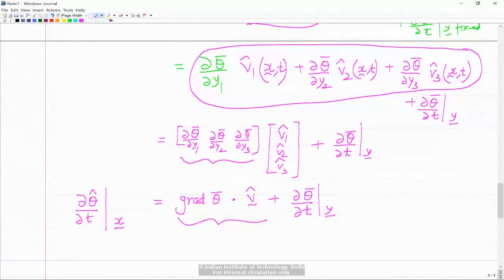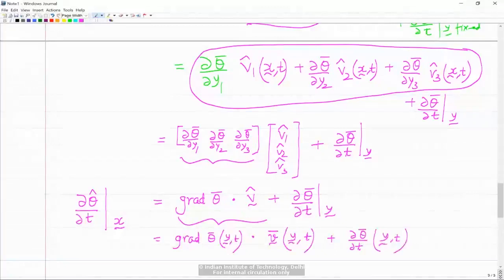And this v hat, you can also replace this with v bar, right? So this is, I'll just write here, grad theta bar of y comma t dot with v bar of y comma t plus del theta bar by del t of y comma t. So you see the right hand side is now completely Eulerian.